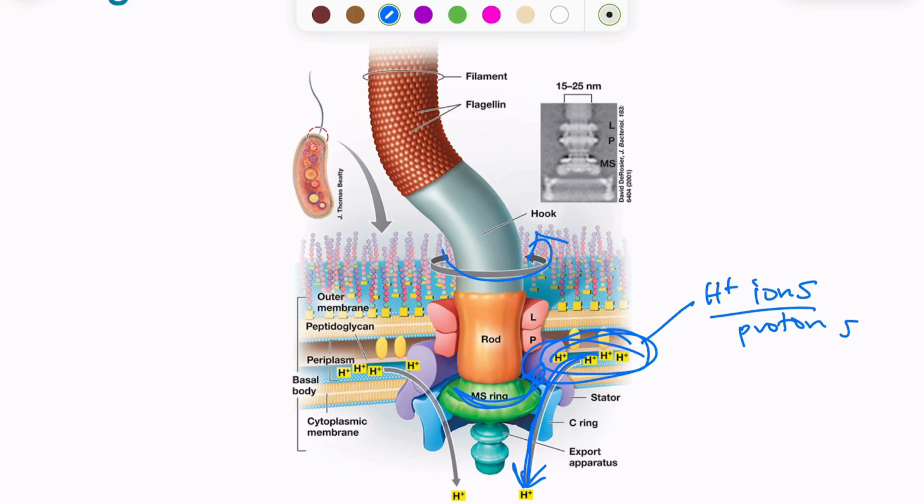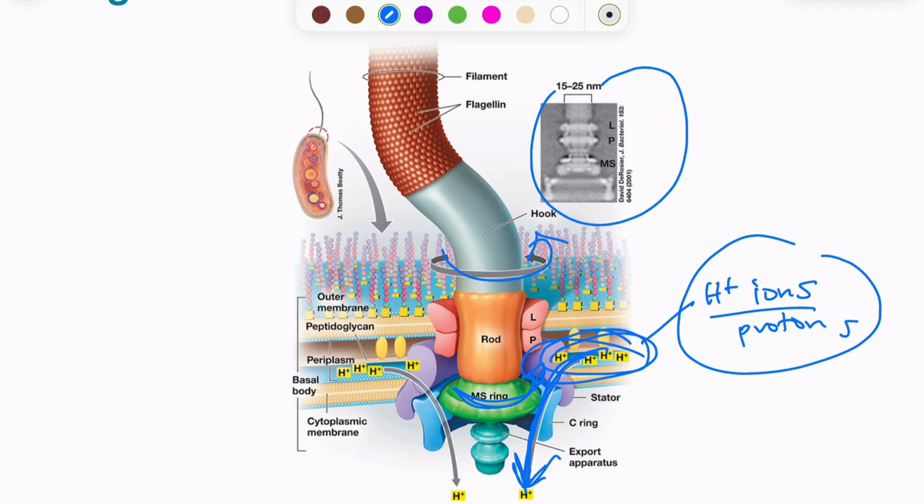It'll turn the turbine as these hydrogens flow into the cell, and it's really cool. So this is the only thing that is causing the movement of flagella. No ATP required.